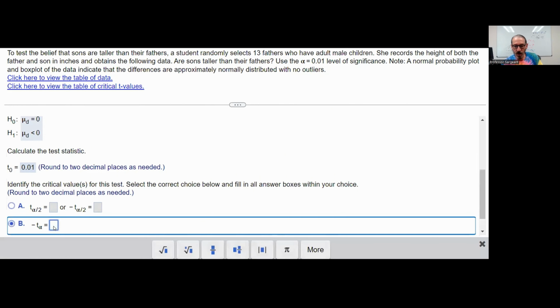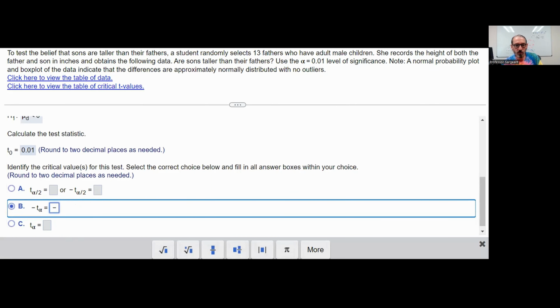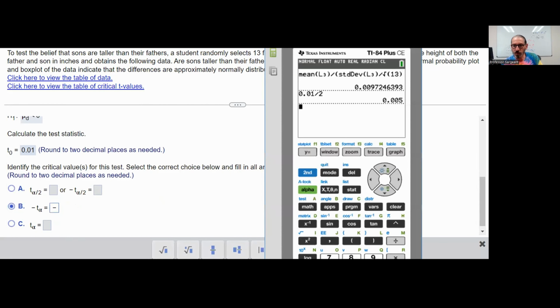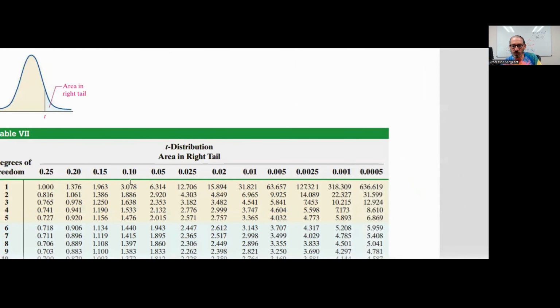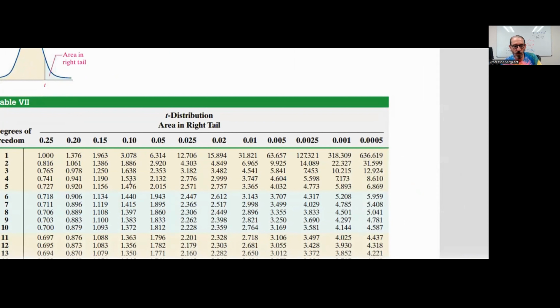So the negative t alpha to 2 places would be, where were we? So 0.005 and 12 degrees of freedom. We'd be putting in negative 3.06 if we're going to 2 places.